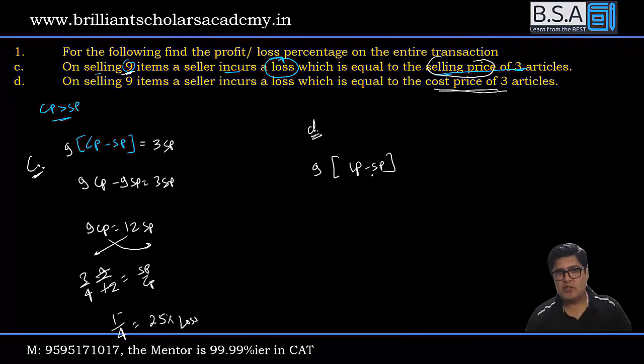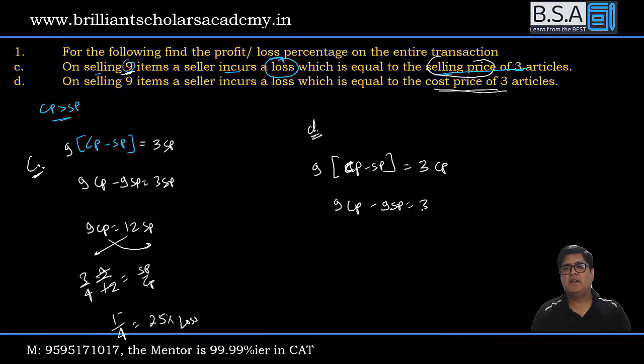That is the loss incurred when 9 products are sold. 9 CP minus SP is equal to 3 CP. You want to cancel 3 or wait for it? That's perfectly fine. 9 CP minus 9 SP, 3 CP. I'll have to transfer this 9 minus 3, 6 CP. I will transfer this on the opposite side. This will be 9 SP.